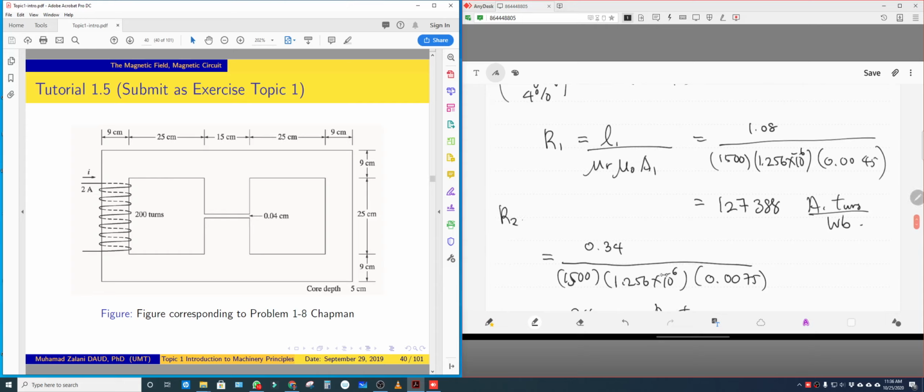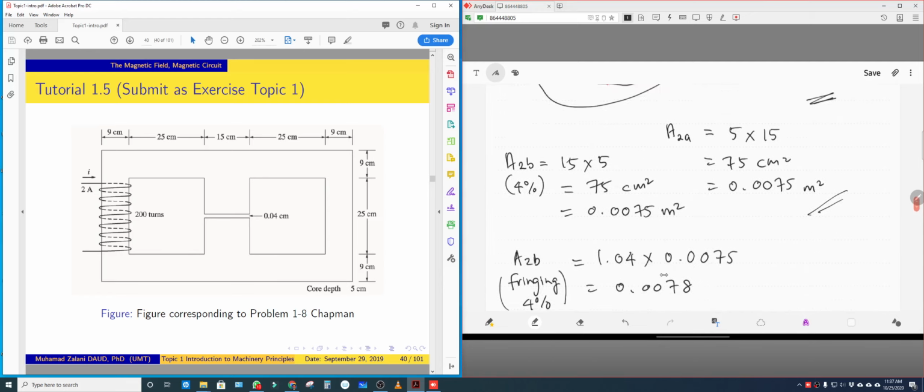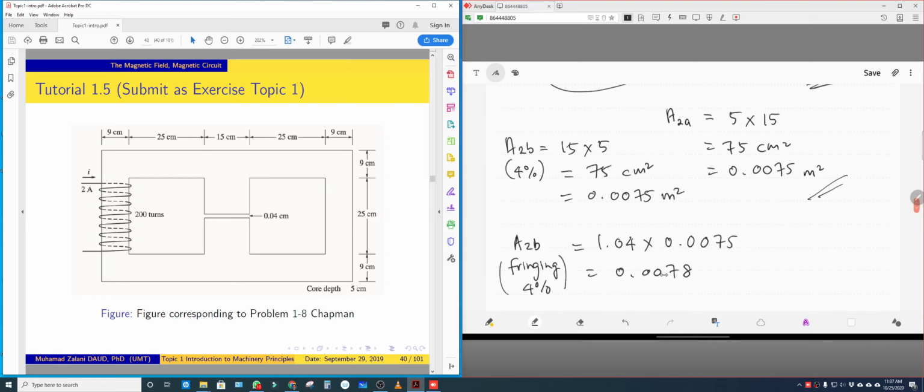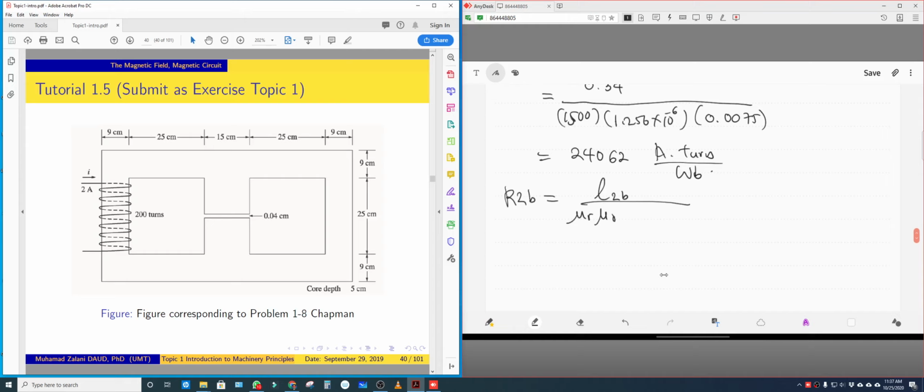So R2A, L2A over mu R mu naught A2A kan. So R2B, L2B over mu R mu naught A2B.